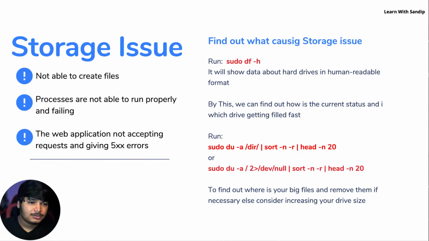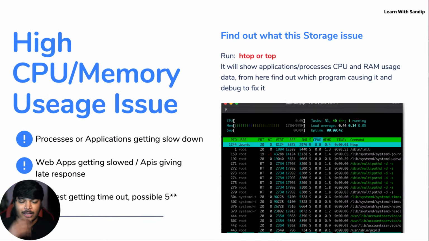Yes, you can see high CPU and high memory cause the application to slow down. Simply go to htop and find out which application or process is slowing down your system, utilizing most of the CPU and memory, and then you know the root cause. Now fix it. Okay, so that's there.